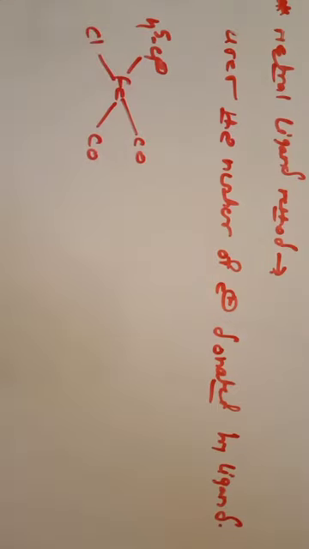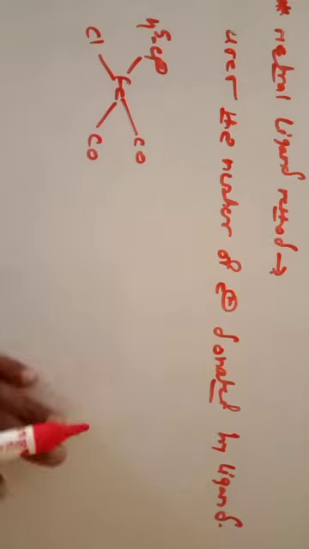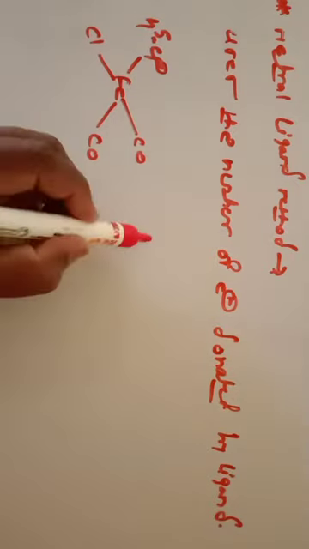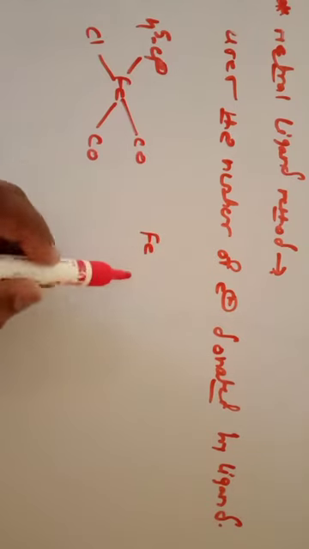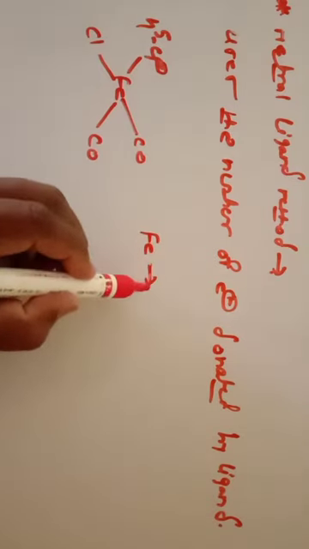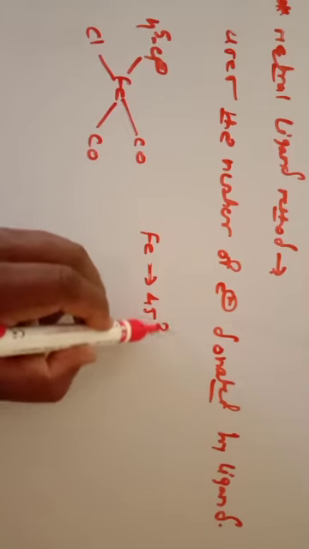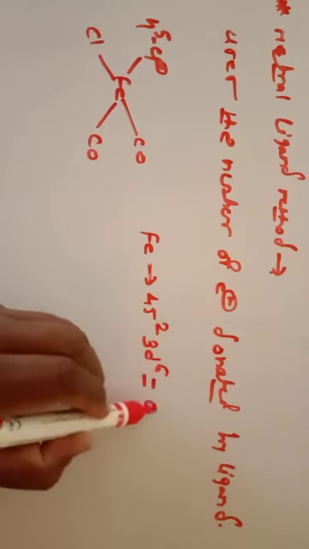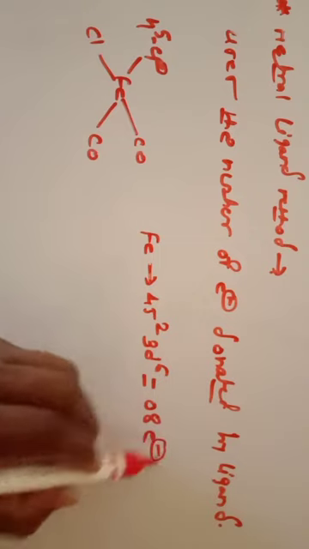Does this complex obey the 18 electron rule or not? We count the electrons by the neutral ligand method. In this case Fe is the central atom, and its valence electron configuration is 4s2 3d6, so in total it contributes 8 electrons.